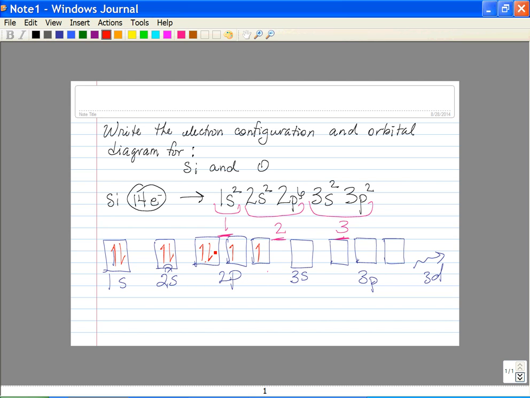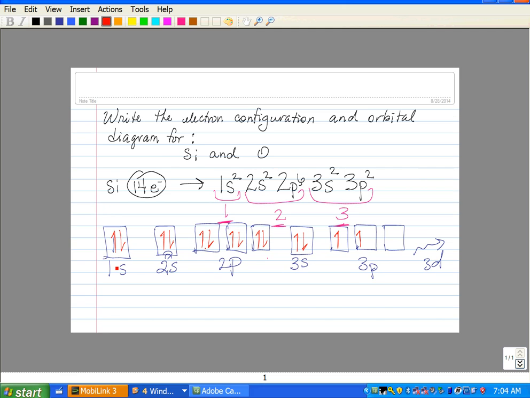So now we come back and start pairing them up. That's 8, 9, 10. Now we move up to the next energy level. This is 11. Before we can go up to 3p, we have to completely finish filling up 3s. So that's 12. And now we have 2 more electrons that have to go in the 3p. We're not going to pair those up, remember. We have to fill each sublevel with parallel spin electrons first before we can come back and pair them up with electrons of opposite spin.